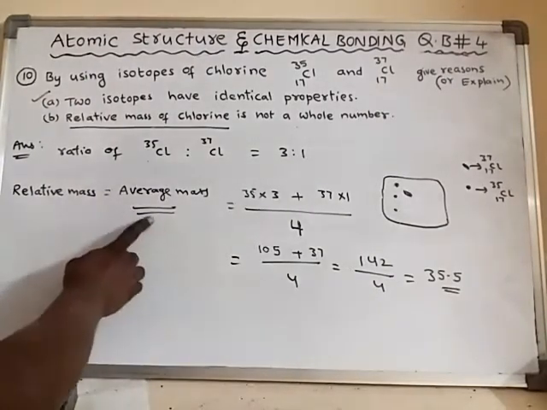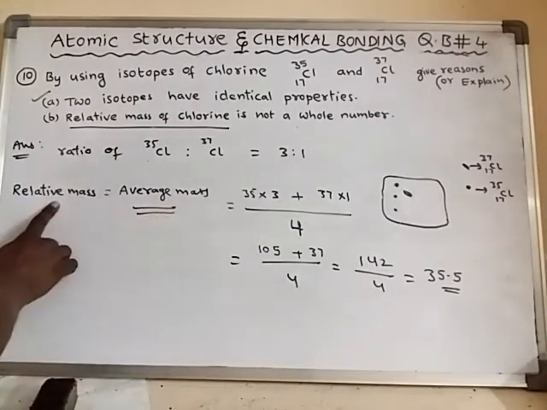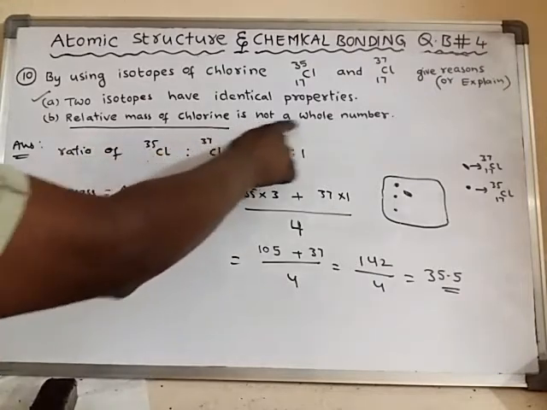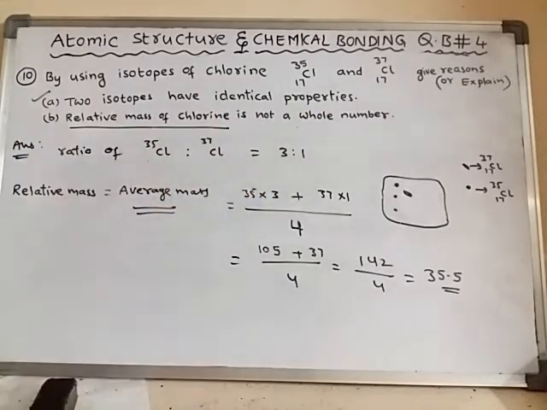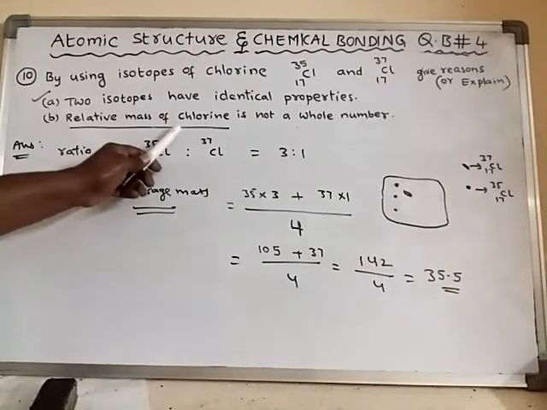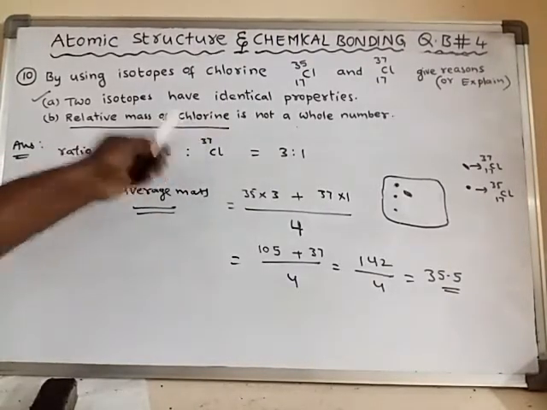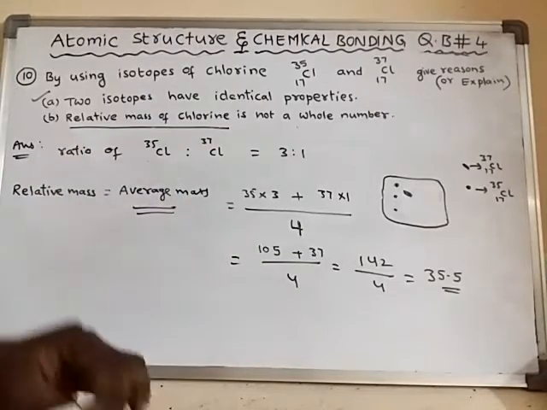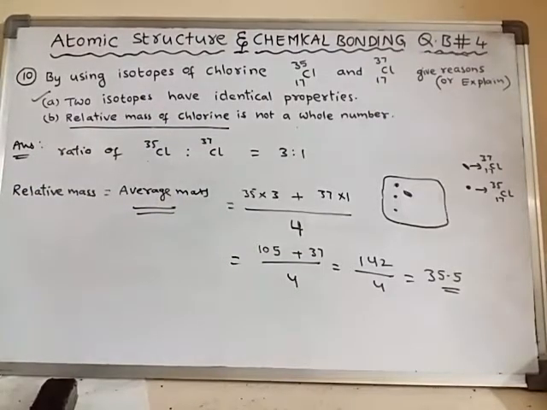So that is why average mass is nothing but relative mass. Hence the relative mass of chlorine is not a whole number. Why is the relative mass of chlorine not a whole number? Because naturally occurring chlorine has different isotopes in it, and all the isotopes will not have the same mass number.